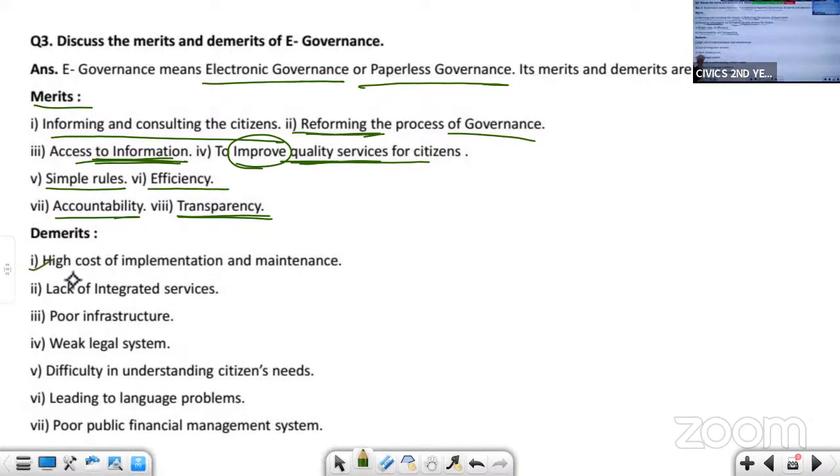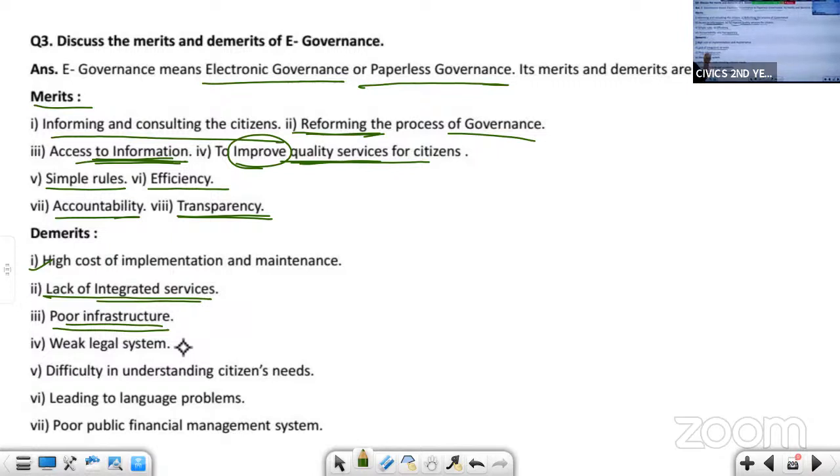The next is lack of integrated services. There are certain loopholes. Not everything is integrated properly. Then poor infrastructure.